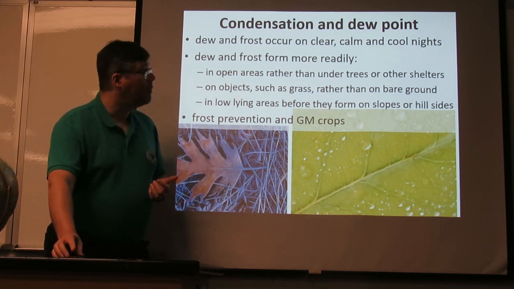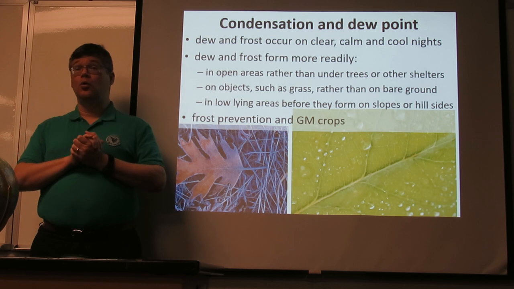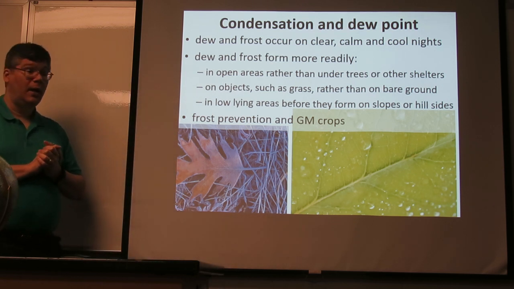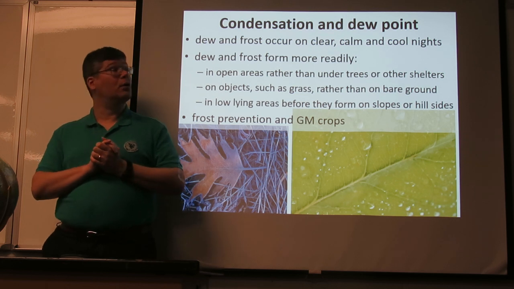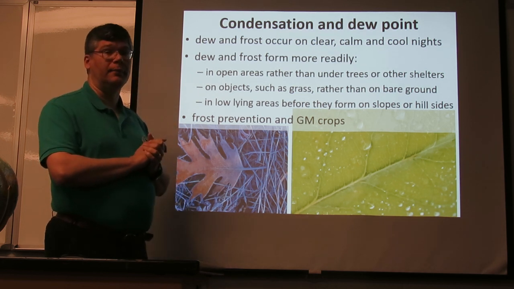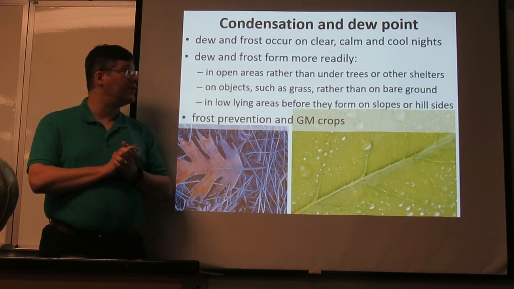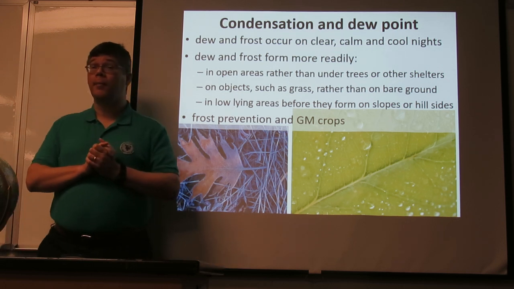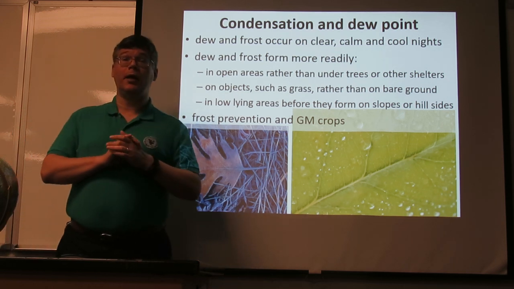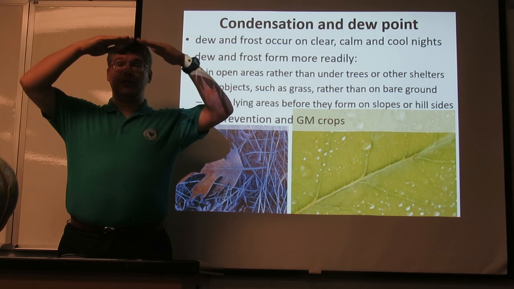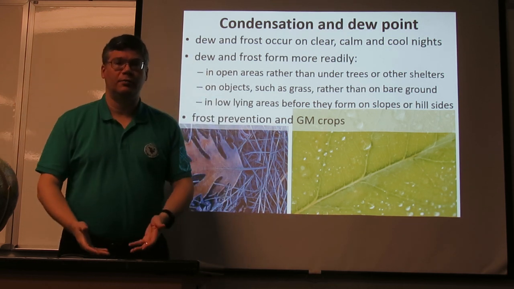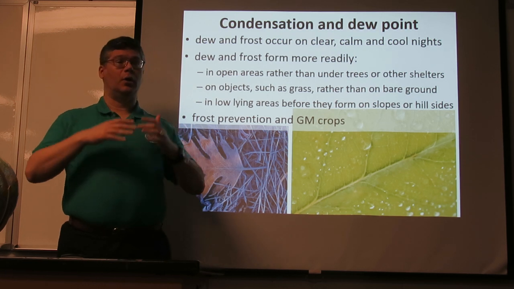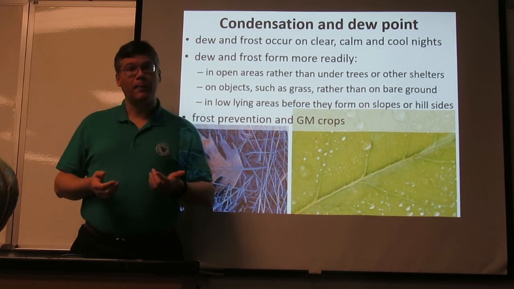When does it happen? We're most likely to cool down to the dew point and have dew or frost forming if we have a clear, calm, cool night. Okay, why each of these? Well, clear: clouds tend to block the loss of heat as it rises from the ground. So a cloudy night tends to stay warmer.